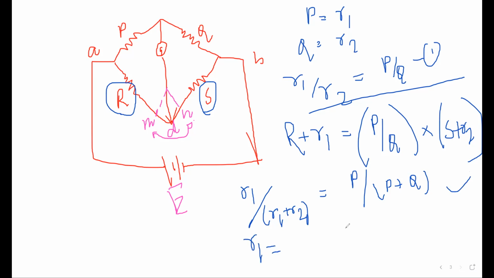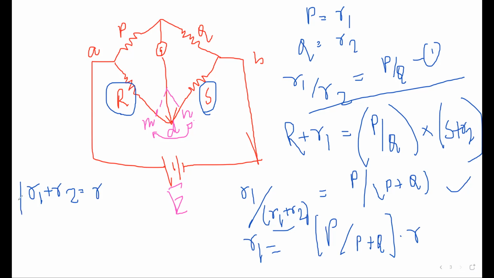My R1 will be P divided by P plus Q, and in bracket, I can take it as only R, because the summation of R1 plus R2 is small r. So this is my equation for R1. I got my R1 value like this.